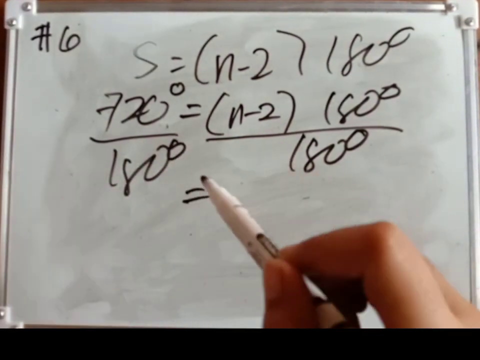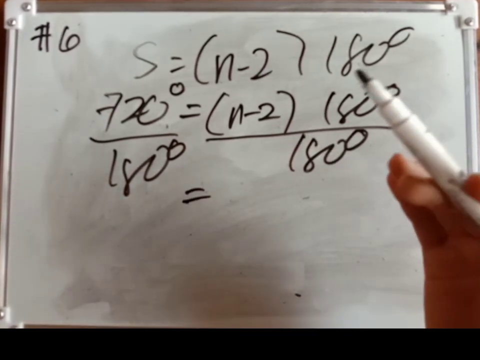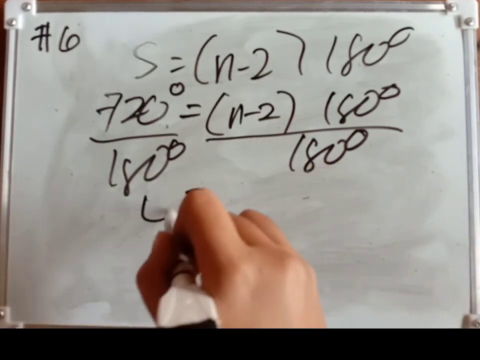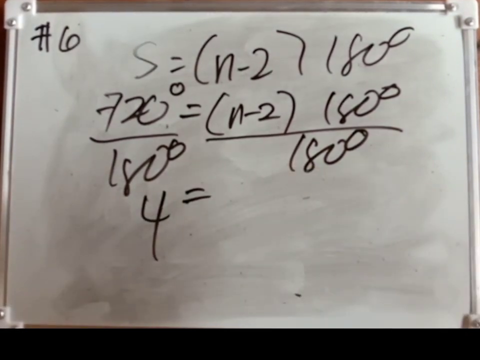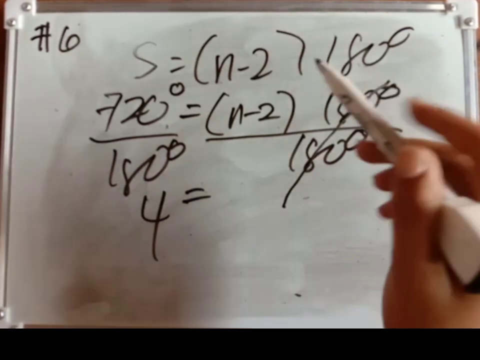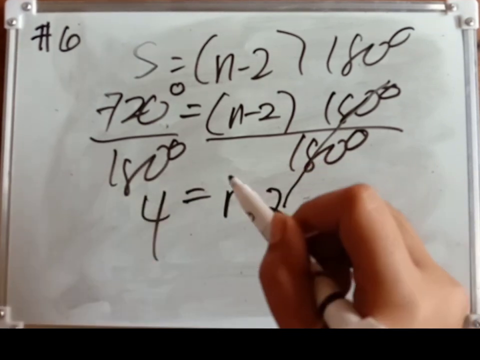So 720 degrees divided by 180 degrees is equal to 4. So let's cancel out 180. Bring down n minus 2.